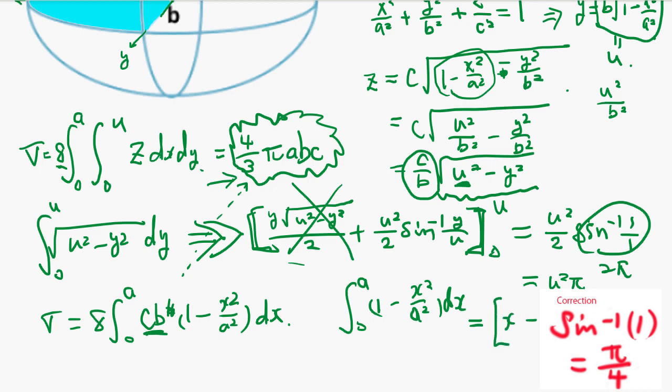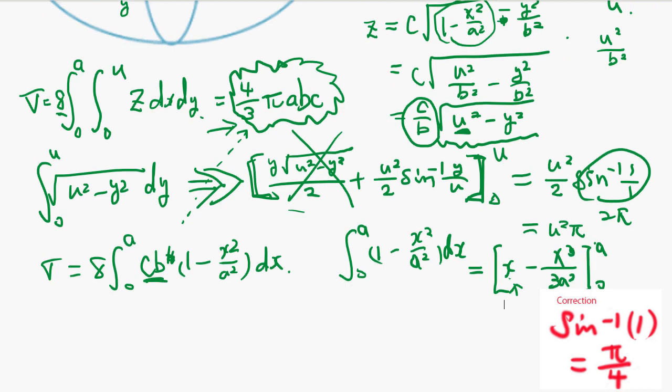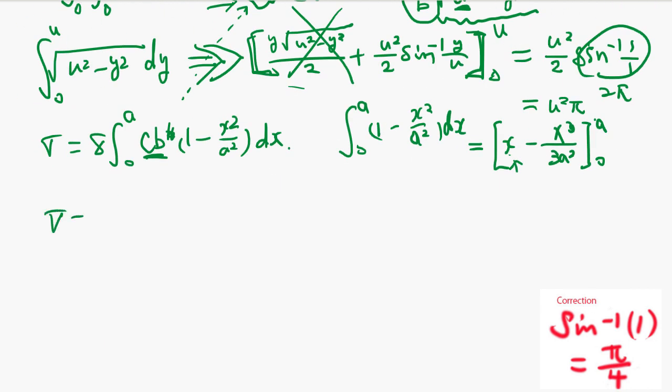It's going to be x minus x cubed over 3a squared, from 0 to a. And this a and 0 is going to be, again, the volume is 8 b c times the integral from 0 to a.